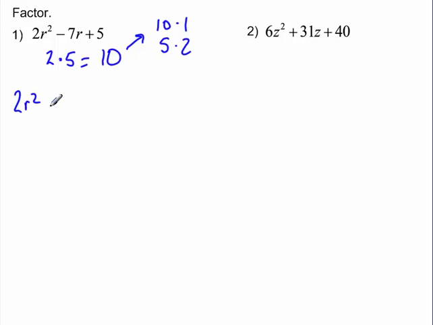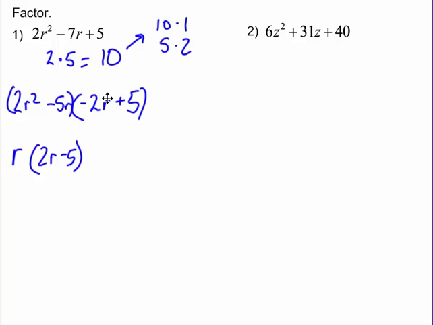So I'm just going to rewrite it: 2r squared minus 5r minus 2r plus 5. Again, if I add these together, I end up right back here. So I haven't changed anything. And now I can figure out the factors by grouping. The greatest common factor over here is r, so I'm left with 2r minus 5.